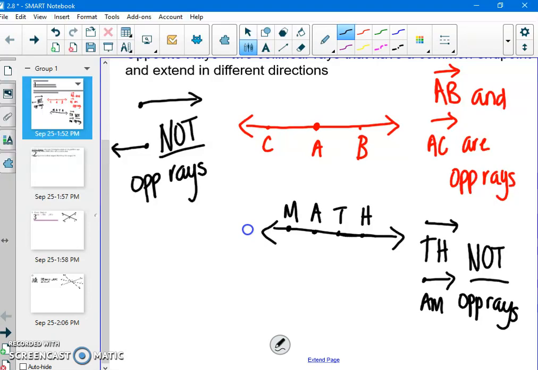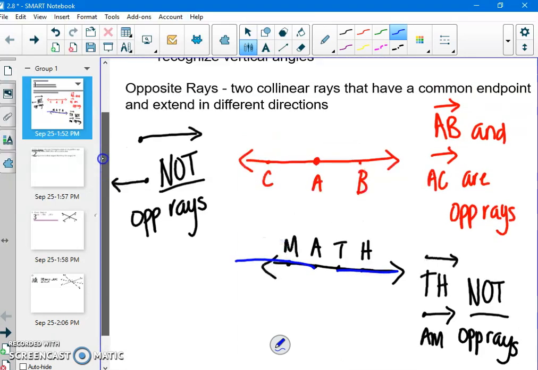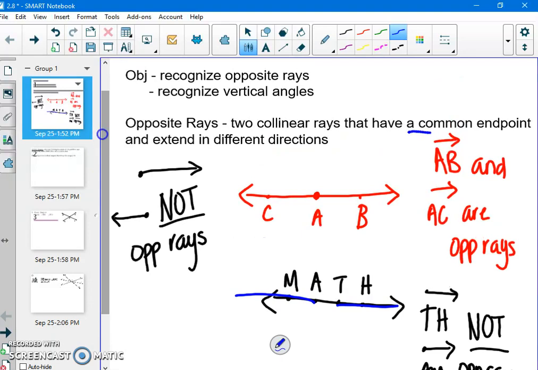TH is here, in a different color, TH is here, AM is here. They don't have or share a common endpoint.